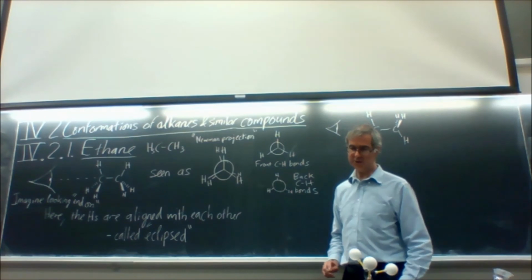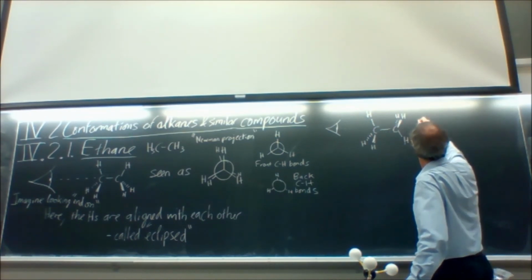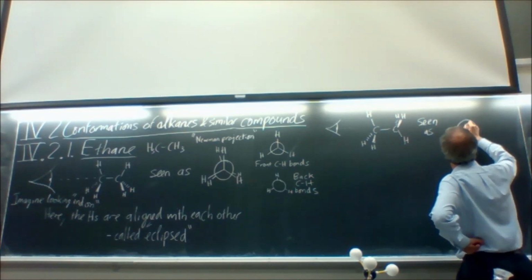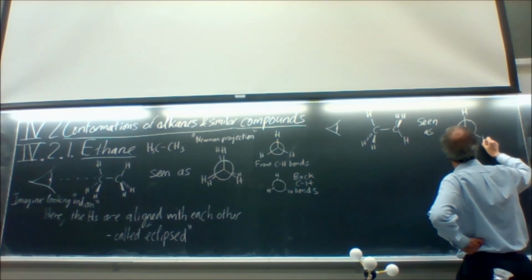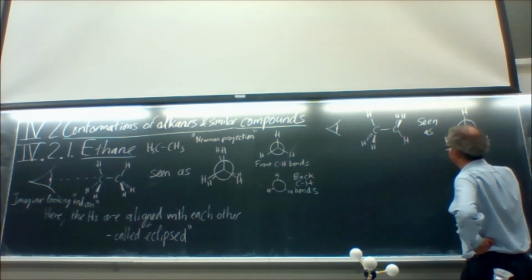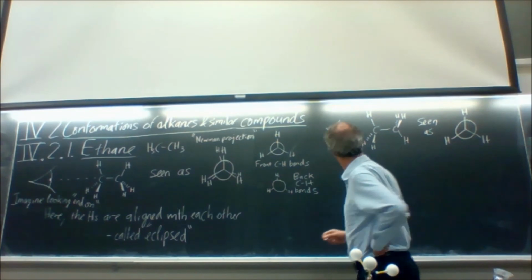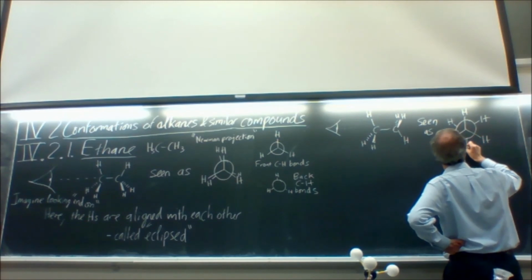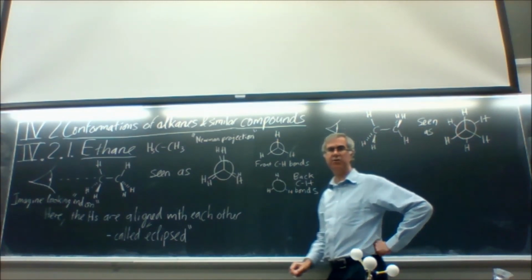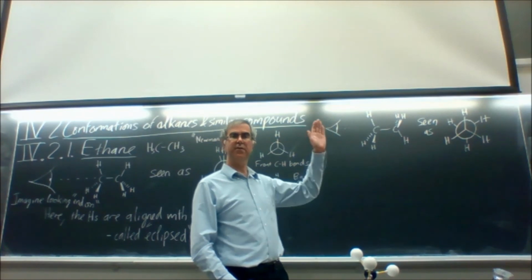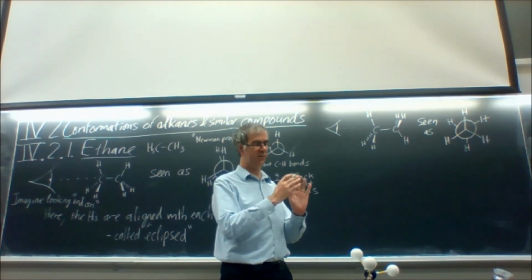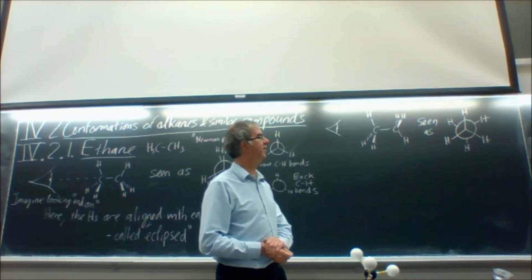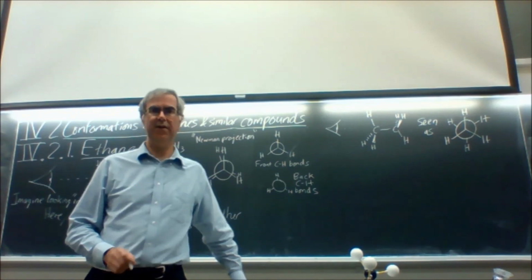Now if we draw a Newman projection for this, front H's are still the same, but the back H's are 60 degrees skewed from the front ones. So that gives us then this staggered form.